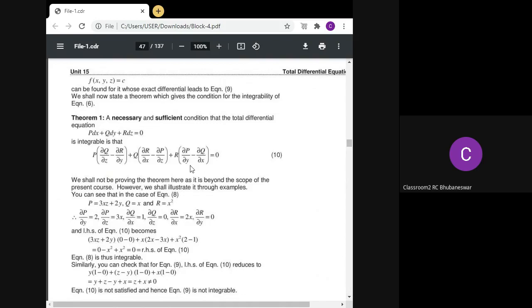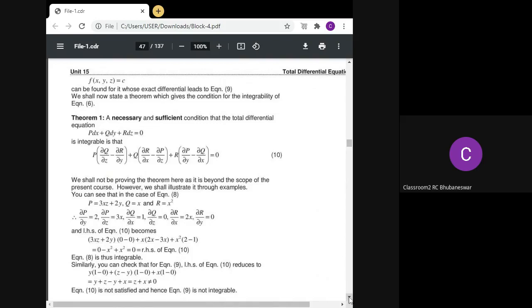If this condition, represented in equation number 10, is satisfied, then we can use the integrability process as the solution of the total differential equation. So this is the necessary and sufficient condition, and it has been discussed in the following example.